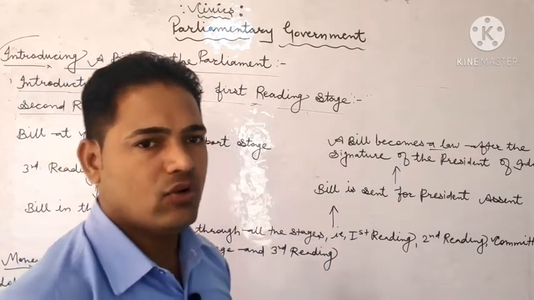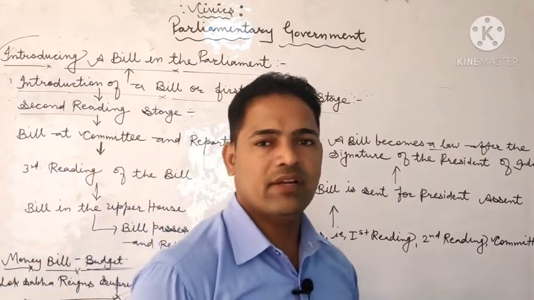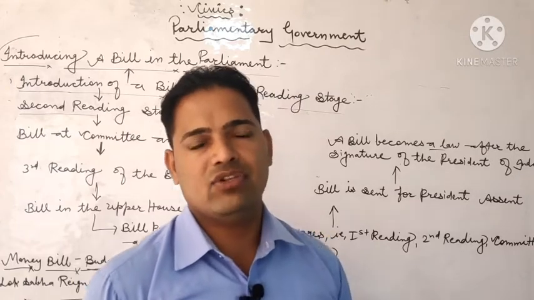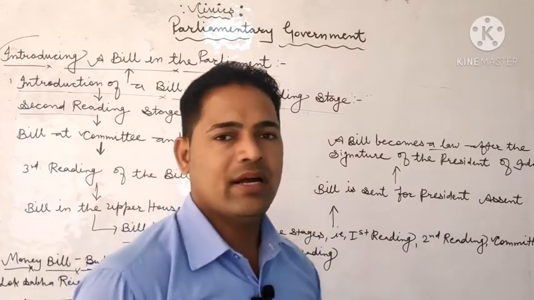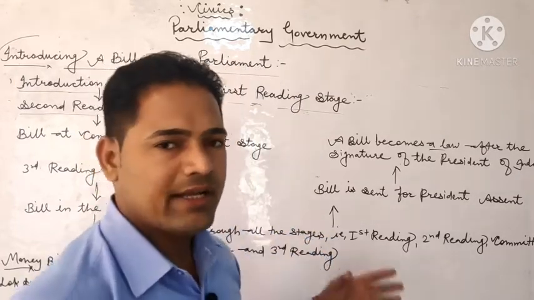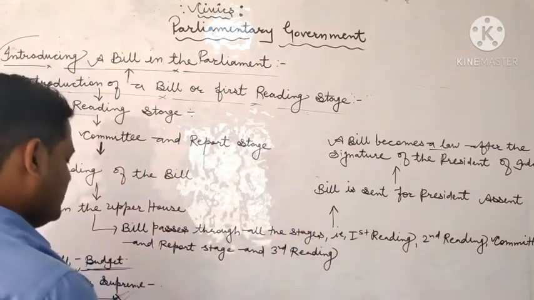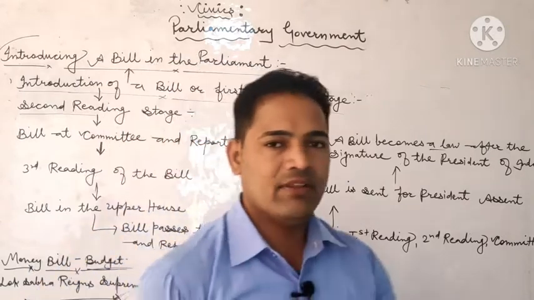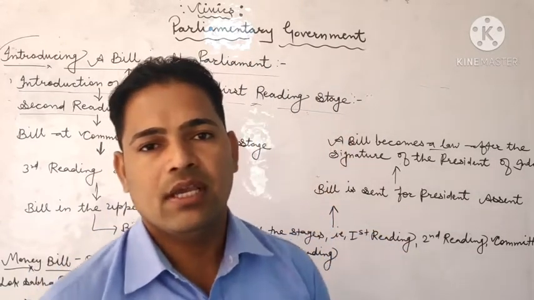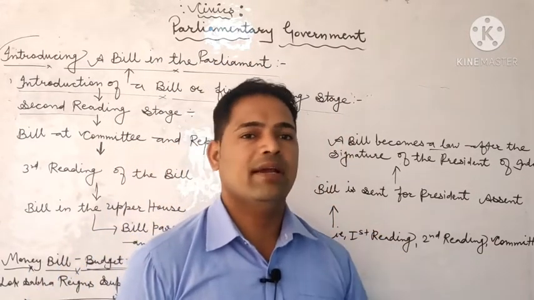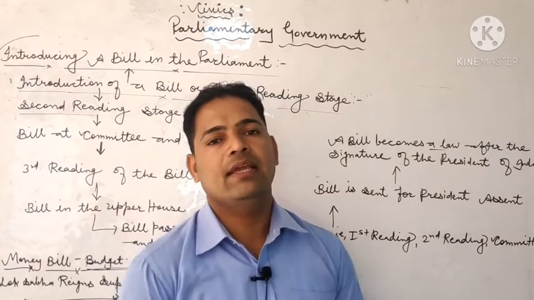The Lok Sabha can dissolve them easily if they are not working properly. These two examples, the money bill and the control over the Council of Ministers, show that the Lok Sabha is more powerful and supreme than the Rajya Sabha.